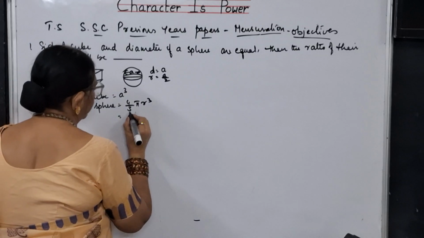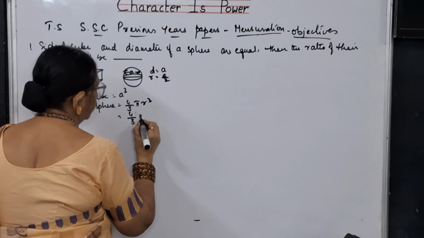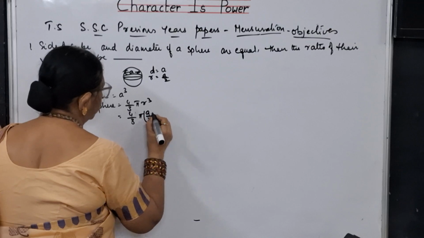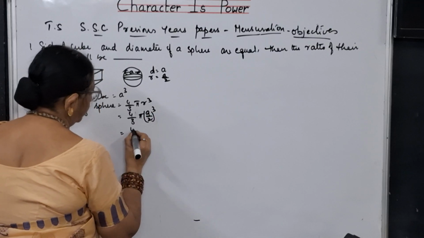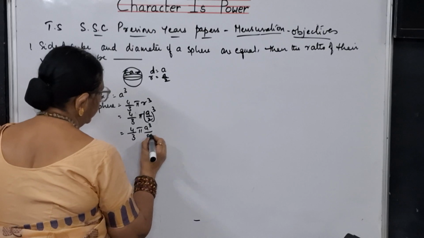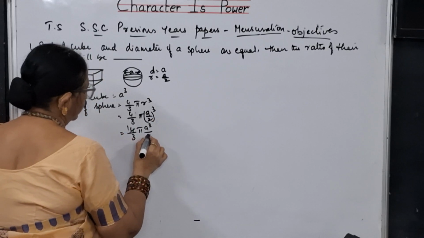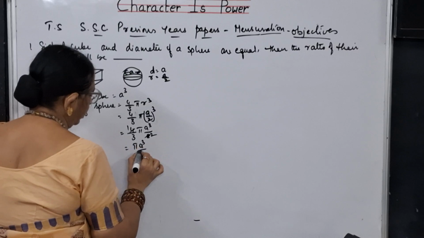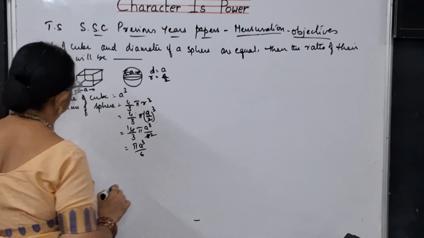So this can be written as 4 by 3 pi, what is r? A by 2 whole cube. That means 4 by 3 pi a cube by 8. 4 ones are 4, twos are 8. So you are getting pi a cube by 6.